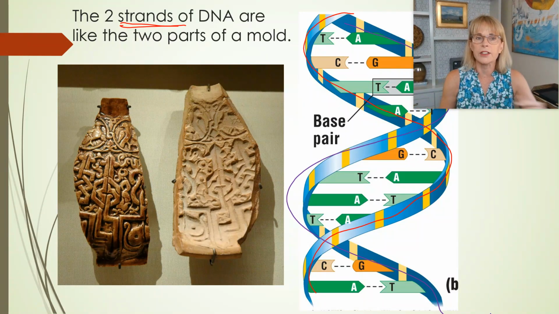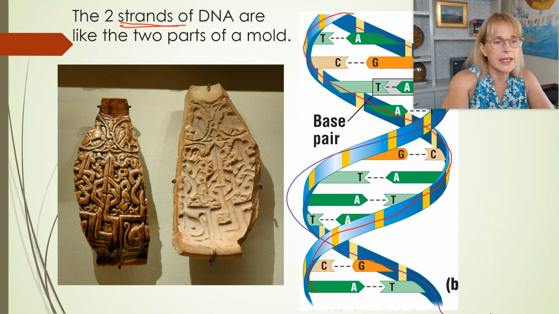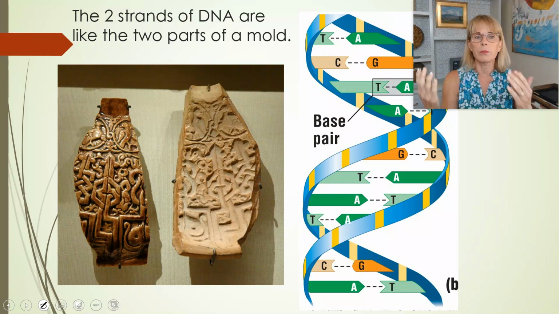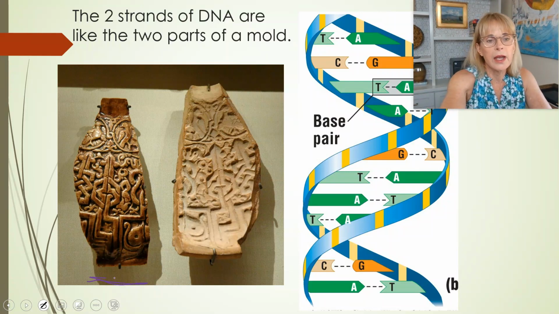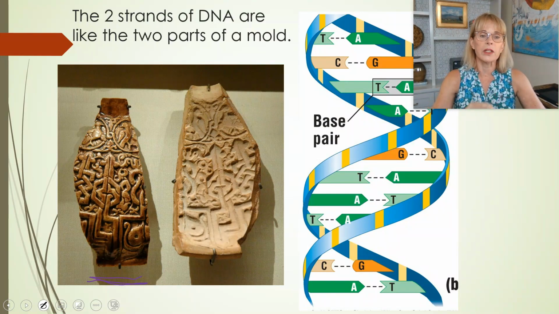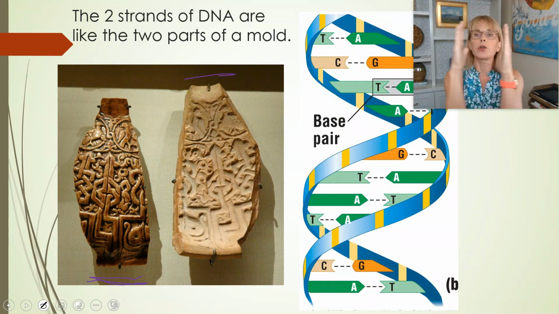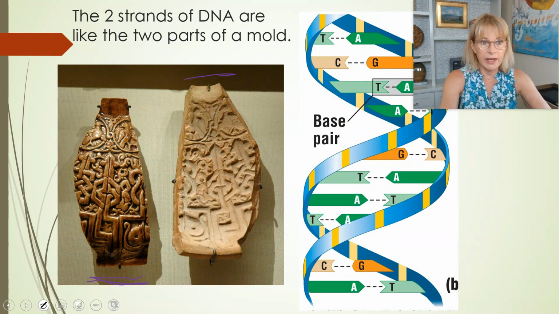Okay, 2 strands. These strands fit together like 2 halves of a mold. Over here, I've got a picture of an ancient piece of pottery on the left, and on the right is the mold that ancient piece of pottery was made out of. DNA strands, these 2 strands, are like the 2 parts of a mold. They are not identical, right?